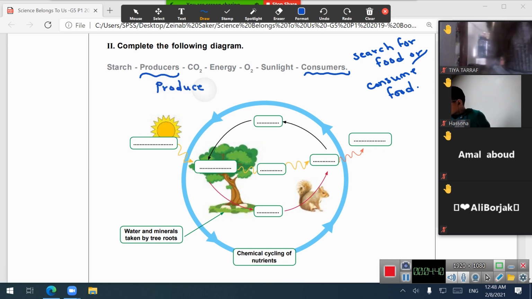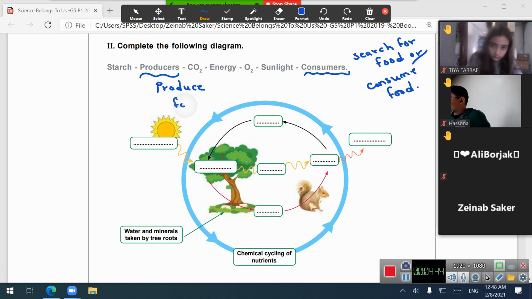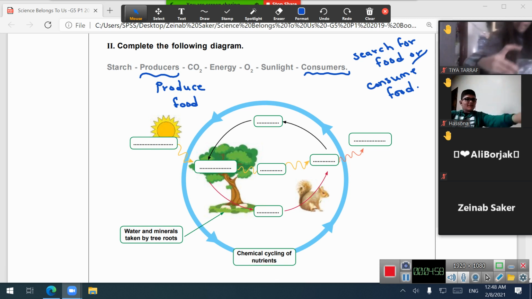And as we know before, only green plants are producers because they produce their own food by photosynthesis. Now, you have just 1 minute to think carefully. Where did you place each term in this diagram?